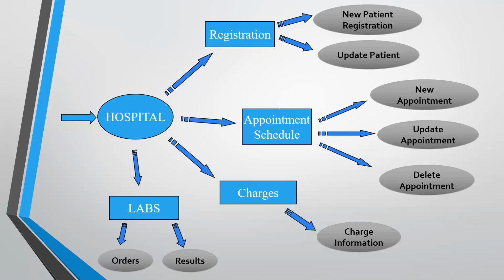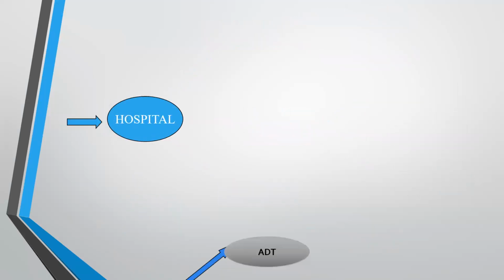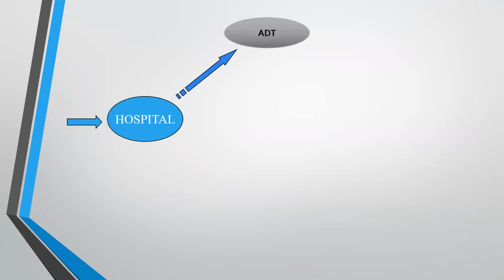Okay, now let us see how we can represent these events in terms of HL7 message. So we know that registration is represented as ADT based on our previous slide. And events that are present within these ADT are new patient registration or update patient information, right? So ADT has two events.